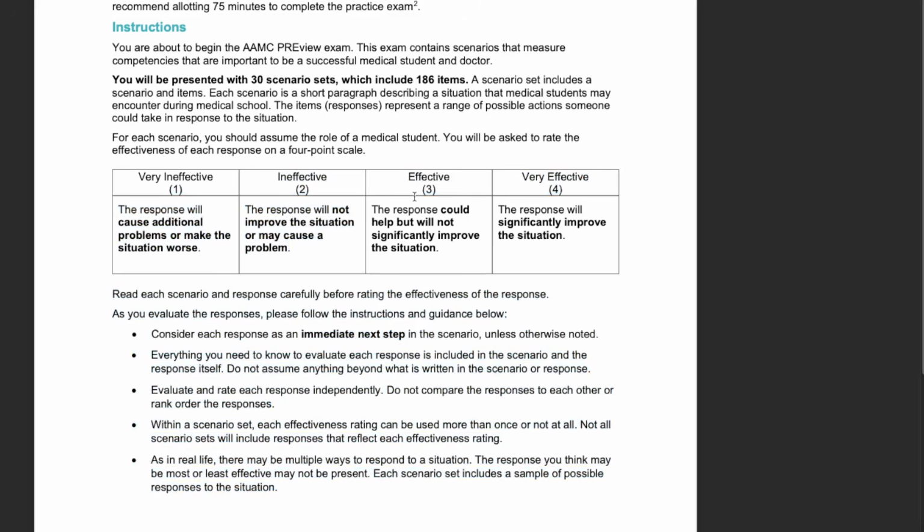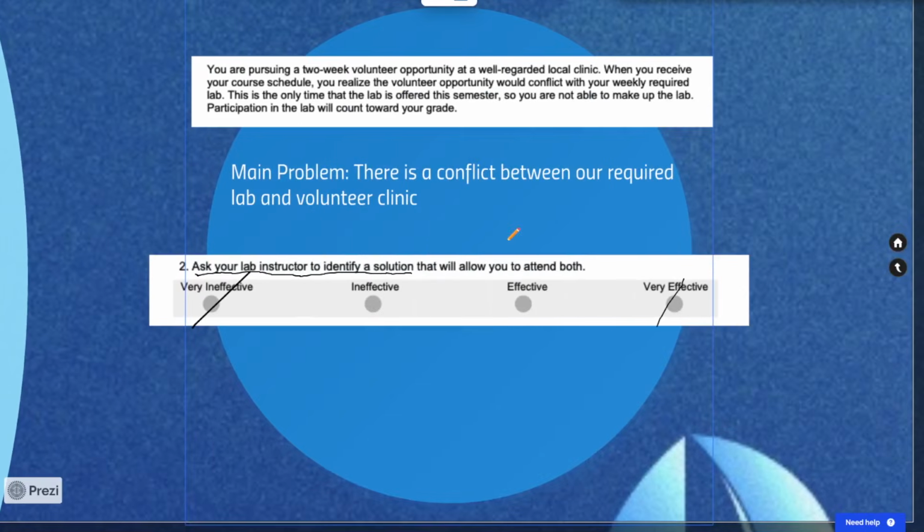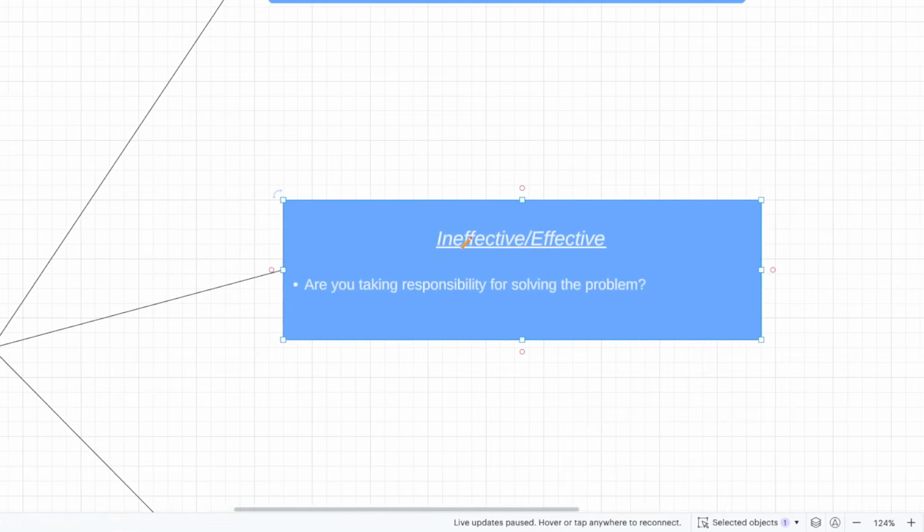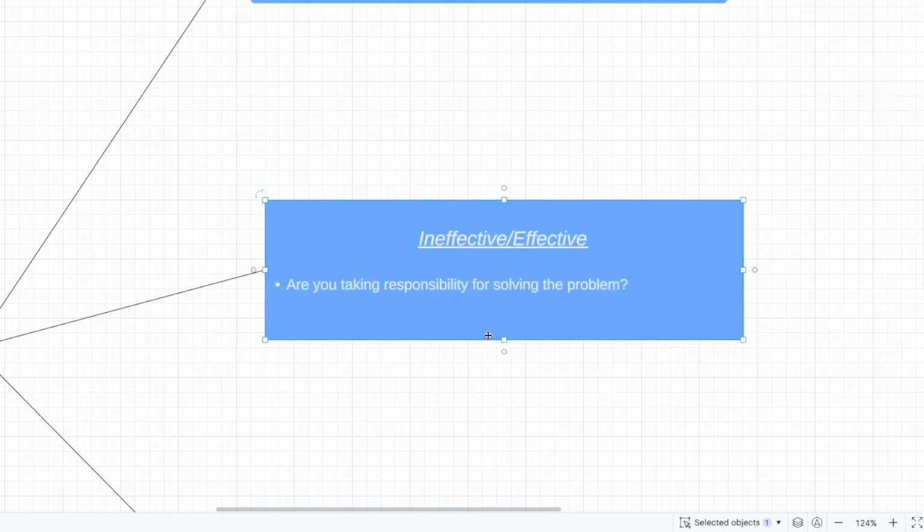An effective response could help, but will not significantly improve the situation. So from that, we derive this question of, are you taking responsibility for solving the problem? Because if you are, that is seen as a way of improving the situation. And you're the one that's taking action towards solving it, right?